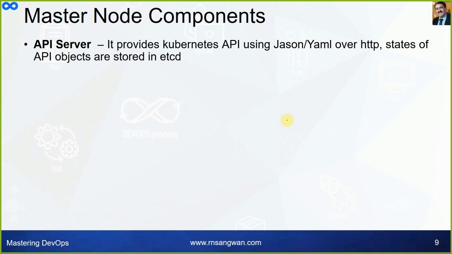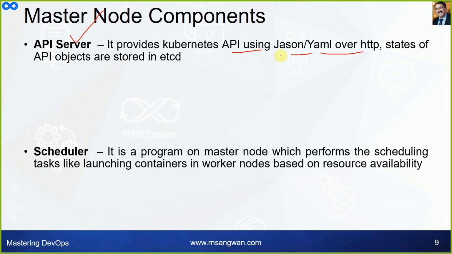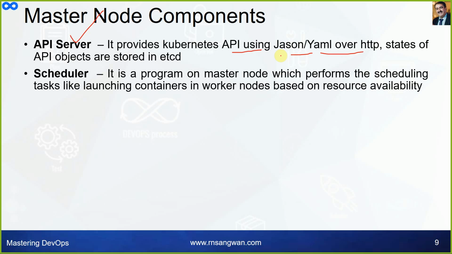On the master node, we have the API server. It provides the Kubernetes API using JSON or YAML over HTTP. States of API objects are stored in etcd. Scheduler is a program on the master node which performs the scheduling tasks, like launching containers in worker nodes based on the resource availability.